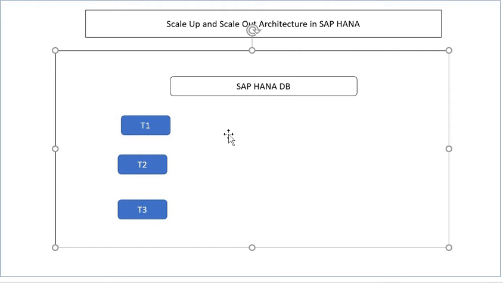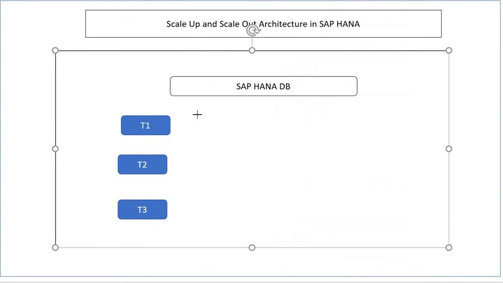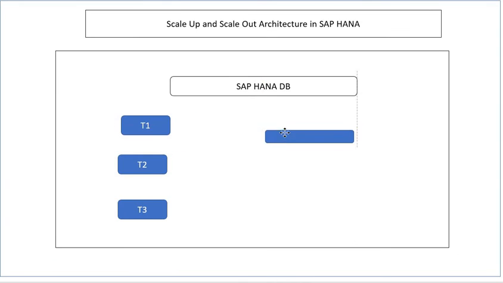The standby nodes work when your main nodes fail, then automatically it is transferred to the standby node, so your business doesn't get affected, and your work will be as usual. So along with every tenant database there will be some nodes, as I was talking about. Nodes means there will be multiple nodes.